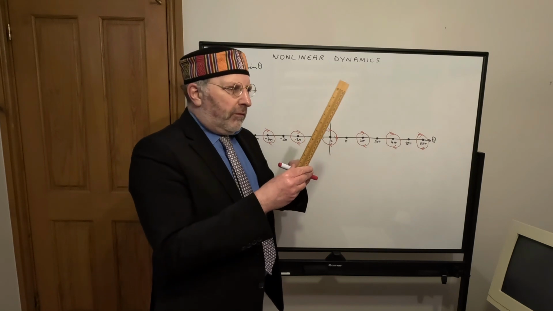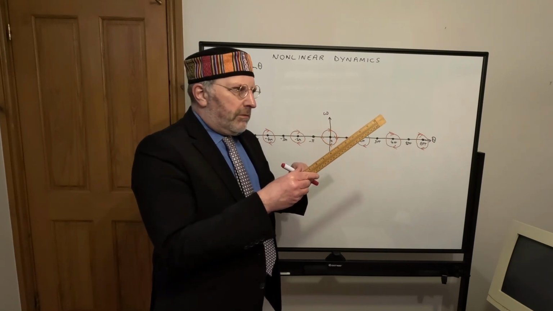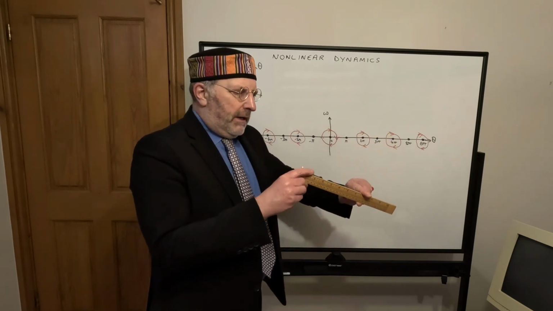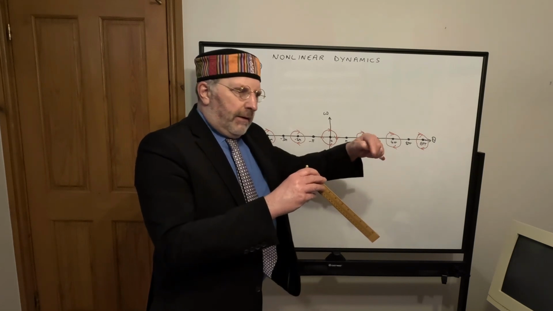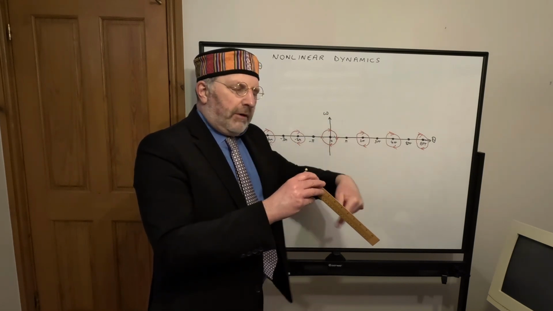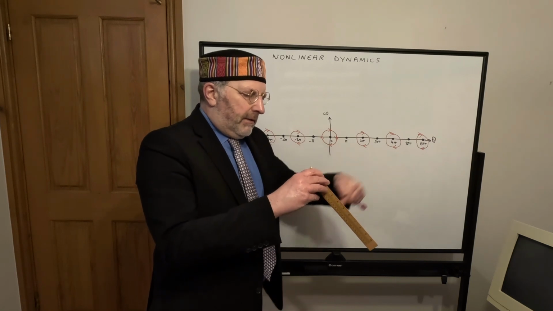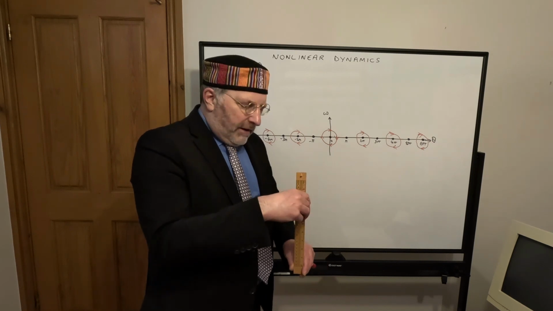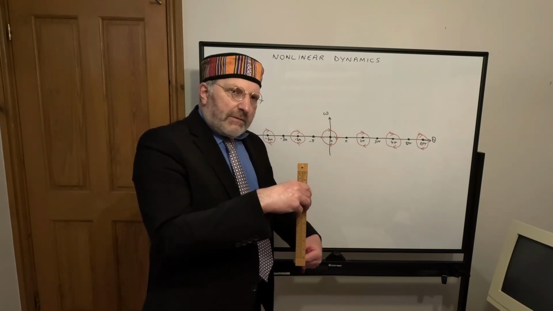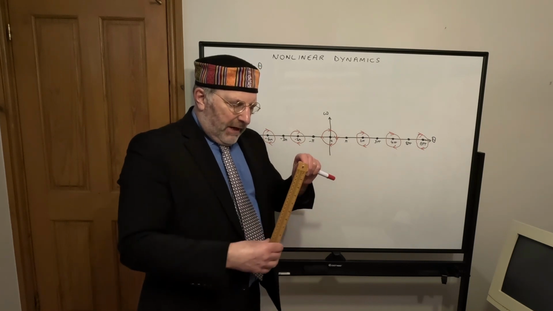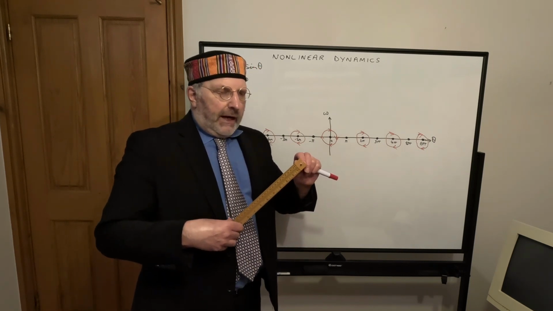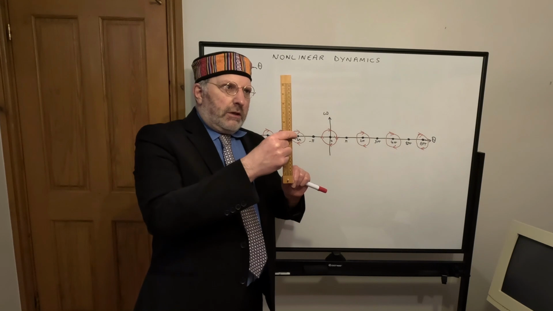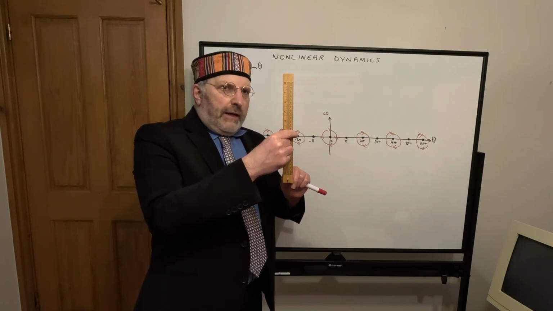What's going to happen? Well, it's going to swing round. Omega is going to be increasingly negative because it's swinging around this way. Theta is measured in that direction, so omega is in the opposite direction. It's moving in this way back through the center. So at this point omega will be at its maximum negative value, and then as we've gone past the center it will start to decrease again, and its momentum will carry it round just to the top, and then there it will stop.